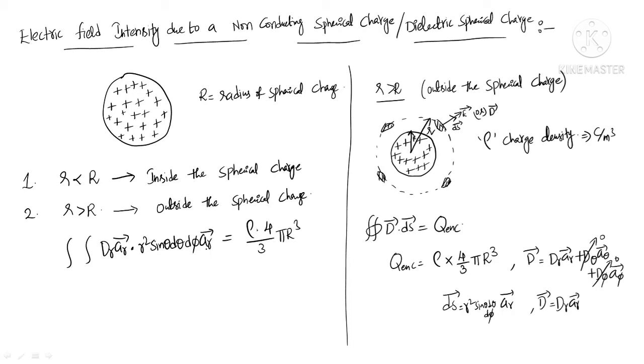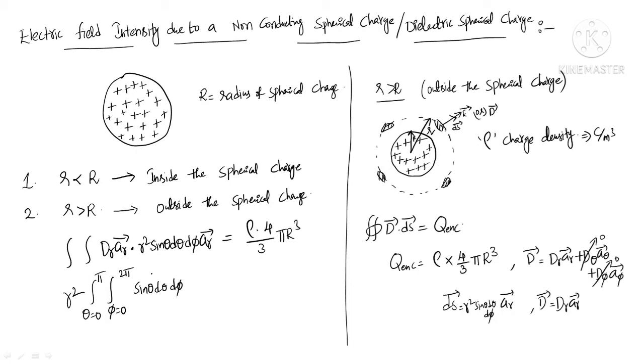For this integration, what is constant? r square is constant, so I can take it out of the integration. And this integration has the variation of theta and variation of phi, so you need to substitute the limits of theta and phi. Theta is equal to 0 to pi and phi is equal to 0 to 2 pi, and it is sine theta d theta d phi.